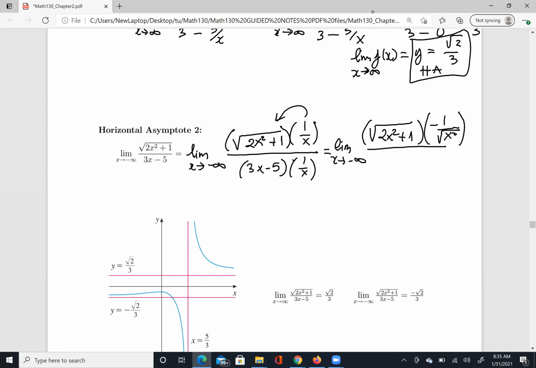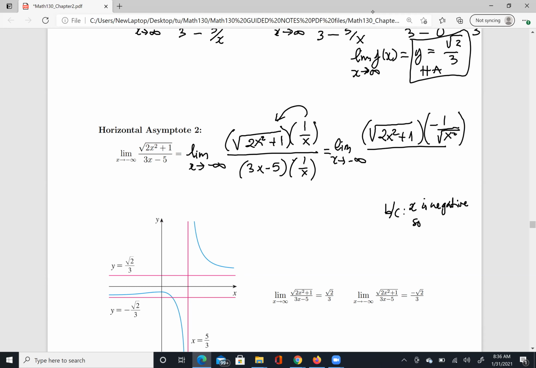You should understand that in this case, because x is negative, when we change from 1 over x to 1 over the square root of x squared, it's going to be a negative.